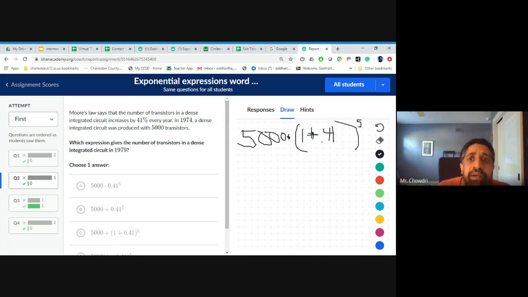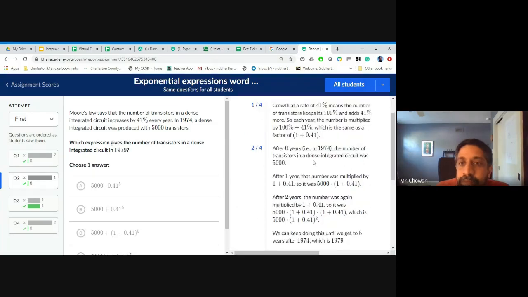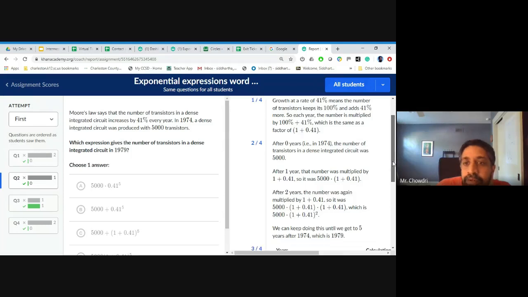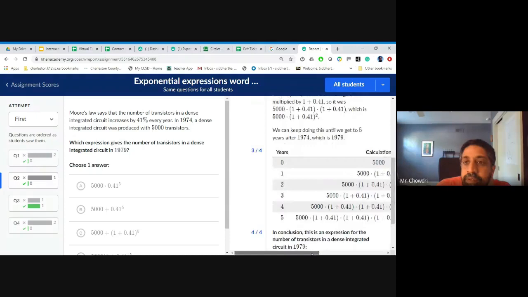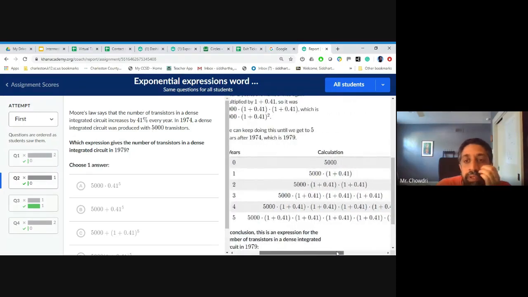So that's that. All right, and if you go over here to the hints, this looks a little bit better. So you can see how it goes. So this explains it exactly. When you go to the hint, it will explain how to do this problem. And it shows that basically this is a good table that helps that in the first year, it's 5,000.